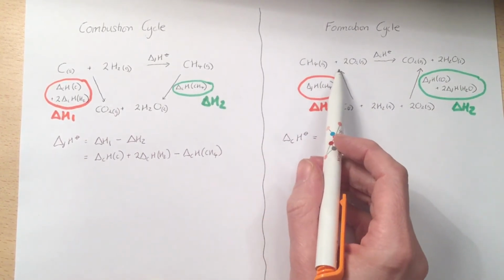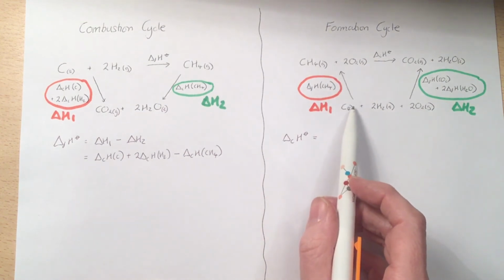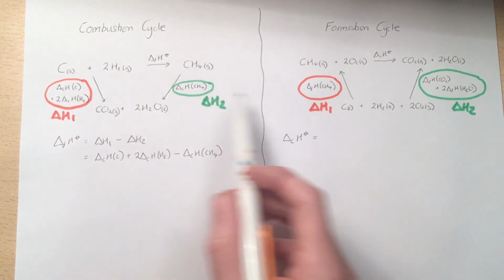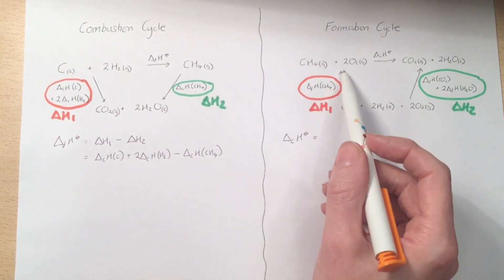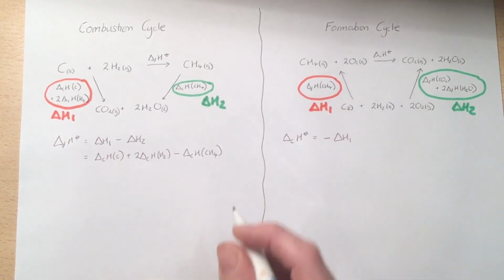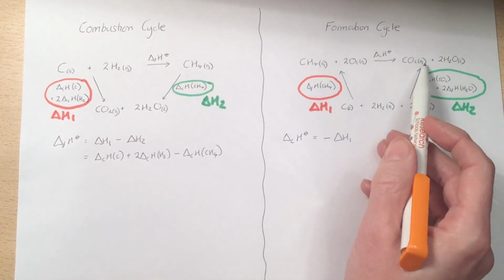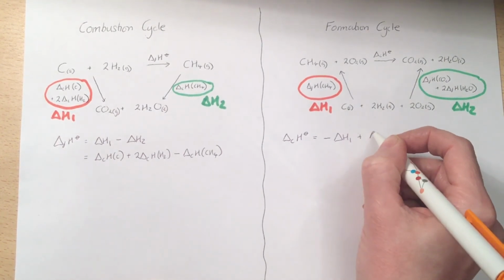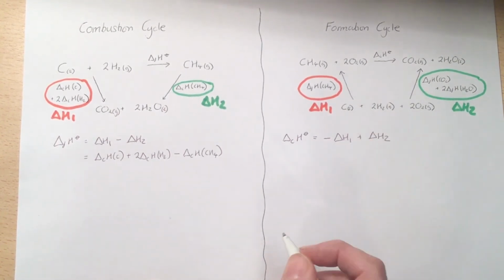This time, we are going the wrong way down the arrow. So, because our arrows are the opposite way round, we are going the wrong way down the arrow. So we do minus delta H1, and then we go the right way up this arrow, so plus delta H2.